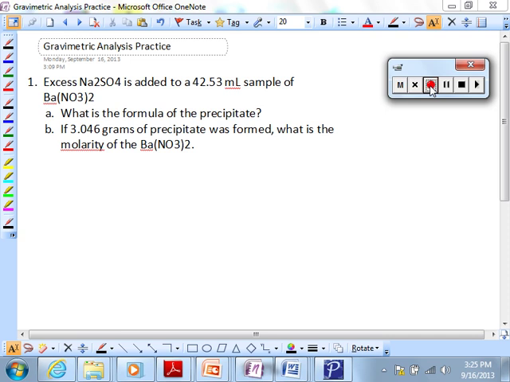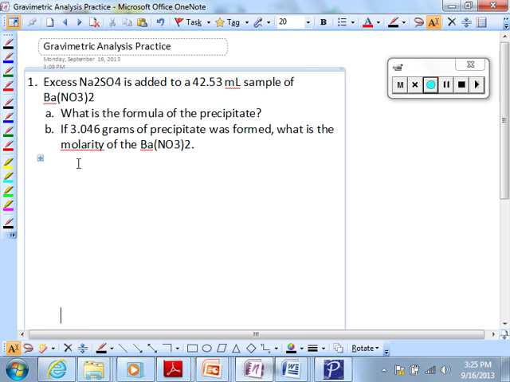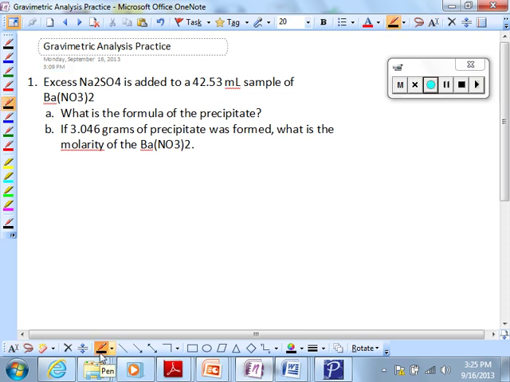The question states that we have excess sodium sulfate, and we're adding it to 42.53 milliliters of barium nitrate. The first question is, what is the precipitate? So we have sodium sulfate, Na2SO4, being added to Ba(NO3)2.